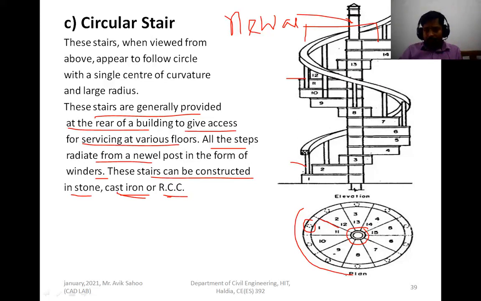So basically you understand the drawing, how the plan view is drawn, what the elevation is, and why this portion is represented as a dotted line. This one is the newel post, this is the outer circle, then this one is the inner circle, which comes from the plan.